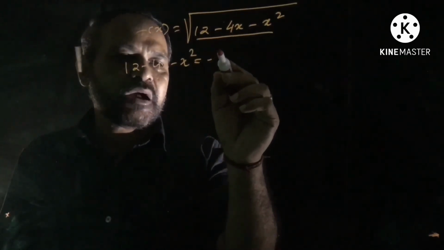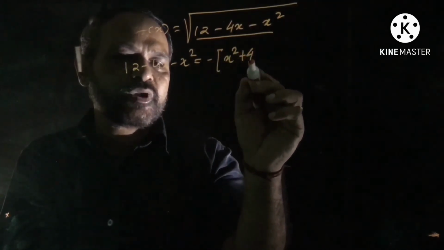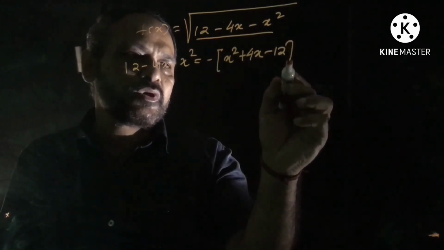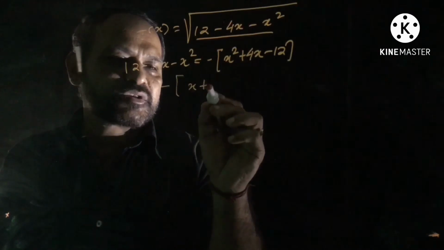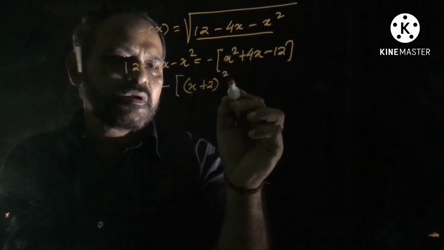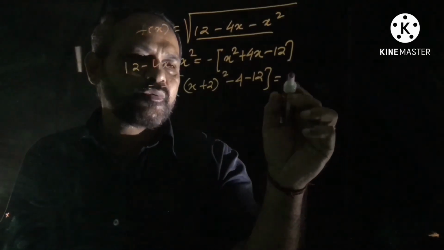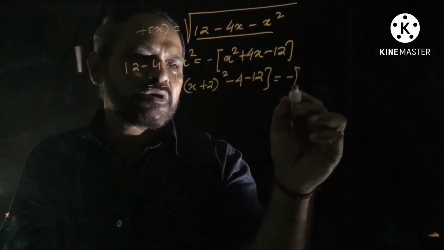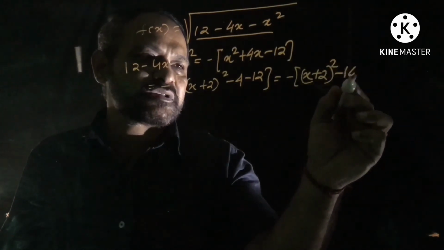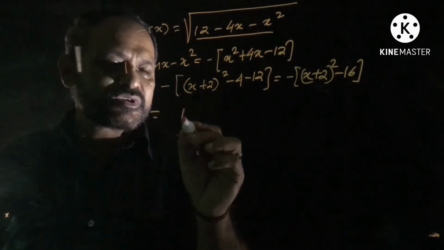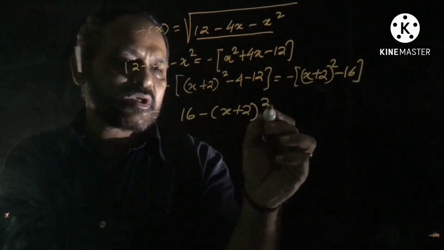If we take common minus 1, then this is x square plus 4x minus 12, which can be written as minus of x plus 2 whole square minus 4 minus 12, which is equal to minus of x plus 2 whole square minus 16, that is equal to 16 minus x plus 2 whole square.